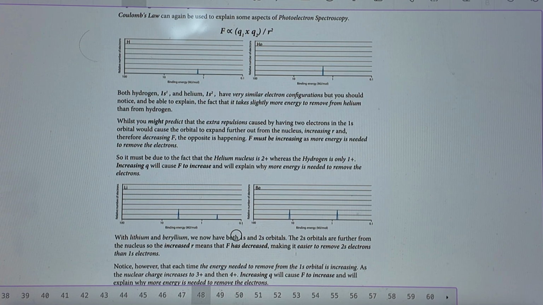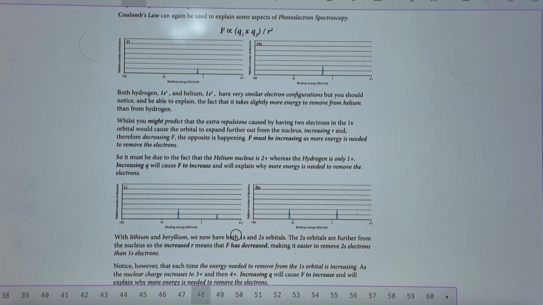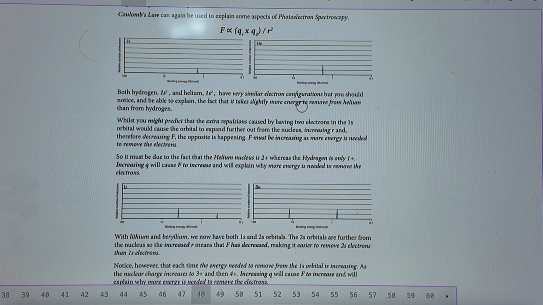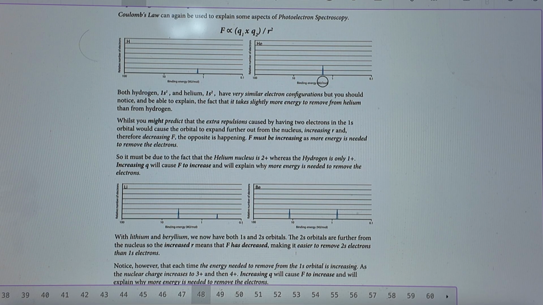And then this is Coulomb's law, and Coulomb's law is important. What that is saying is that both hydrogen, which is 1s1, and helium, which is 1s2, have a similar electron configuration, but you would notice that it takes a little bit more energy to remove from helium.